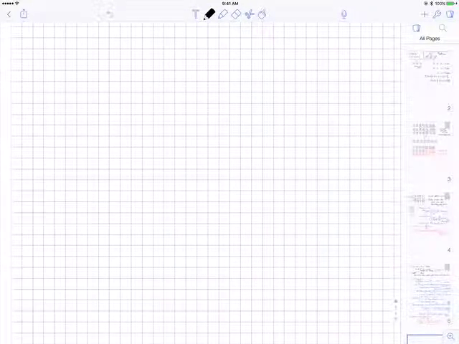So do you have a specific approximation problem in mind? Yeah. Okay.